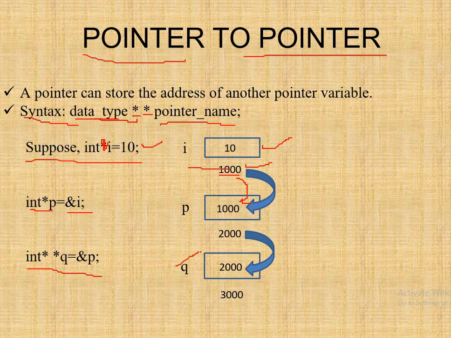So q is a variable which stores the address of this pointer variable in memory. This type of allocation is called pointer to pointer. We can also store the address of a pointer to pointer in a pointer, which is called pointer to pointer to pointer. In that case we will use a triple asterisk.